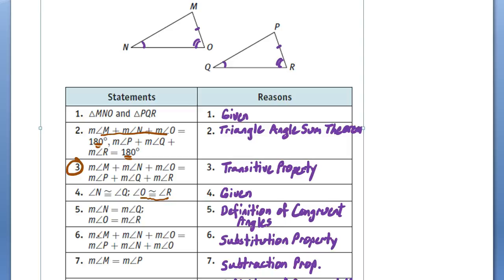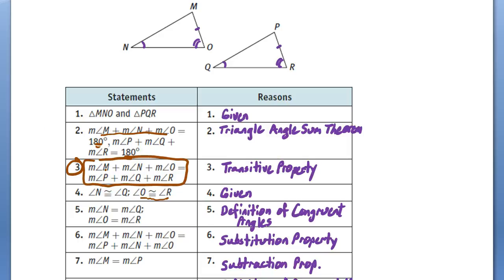Okay, next step, let's go back to the equation that we had in step 3, right here. We have on the left side the measure of angle M, N, and O, equal to on the right side the measures of angle P, Q, and R. And then let's create in this next step, step 6, a new right side of that equation.